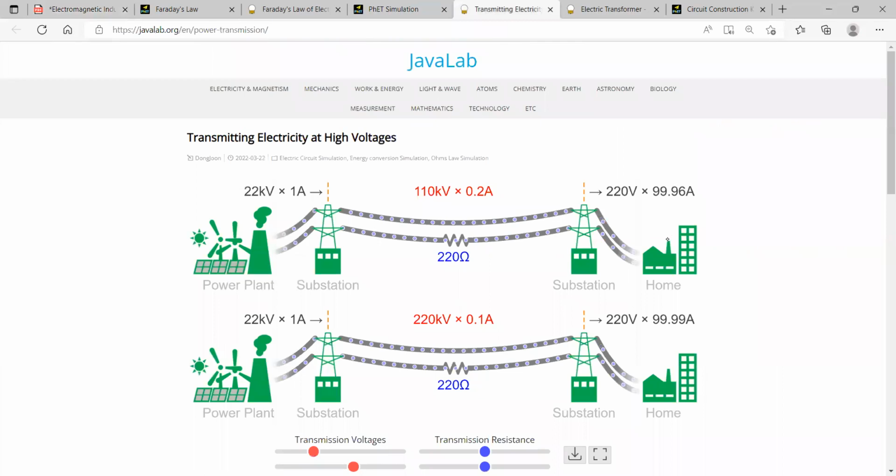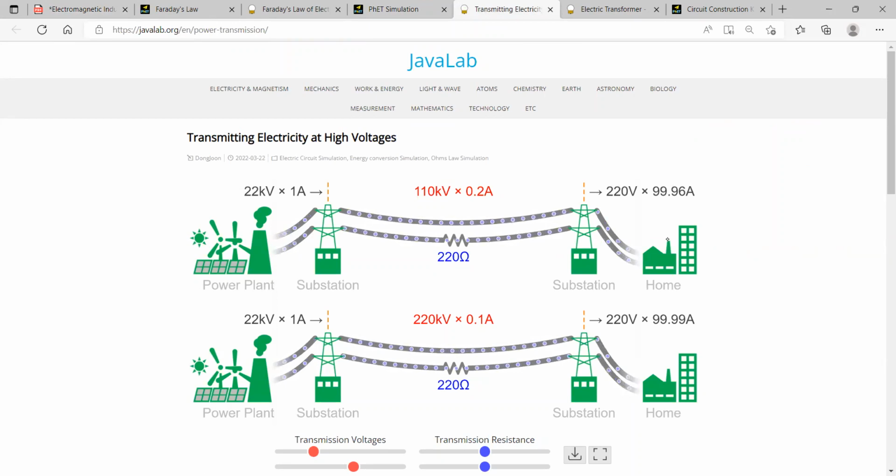So let me go here. This is a transmission line from the power plant to the home. You see that at the power plant, on the left hand side, the voltage is 22 kilovolt and the current is 1 amp.